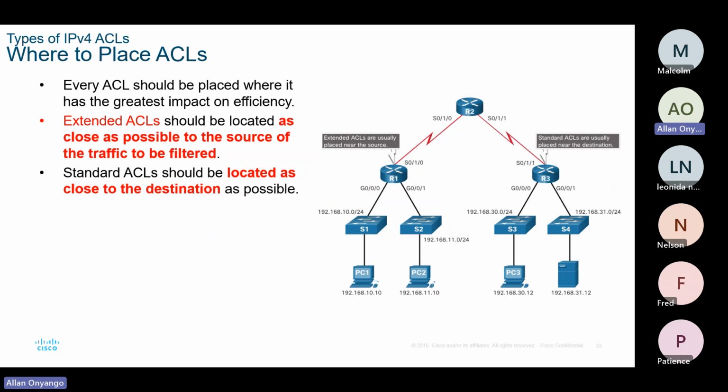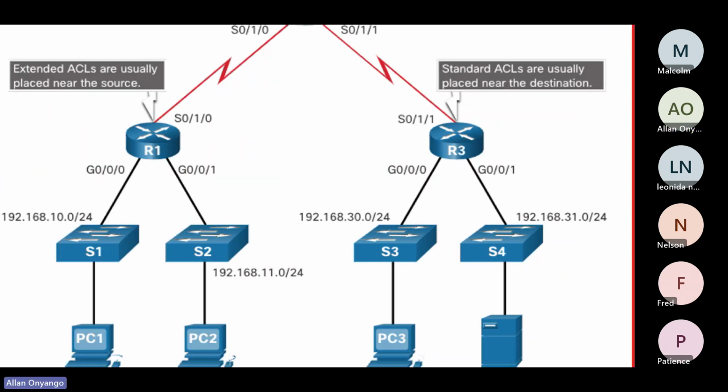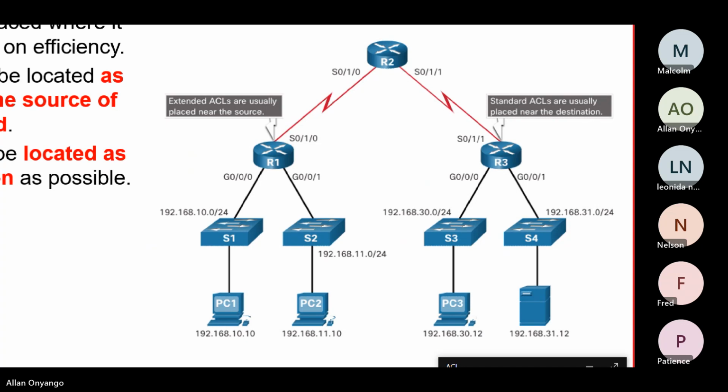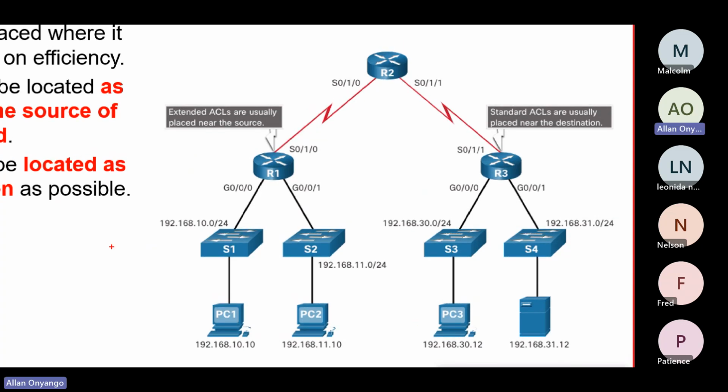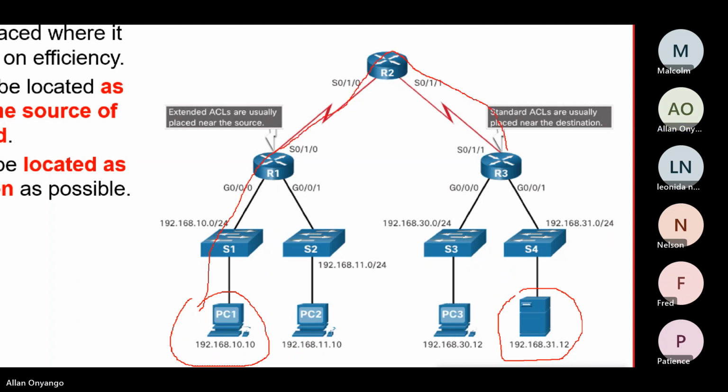All right. So when placing, and this is something I need you to pay very keen attention to, let's say this is PC1 here, and you need to filter traffic going from PC1 to the server here, on a different network. That means traffic is going to travel all the way to R2, R3, then to the server.